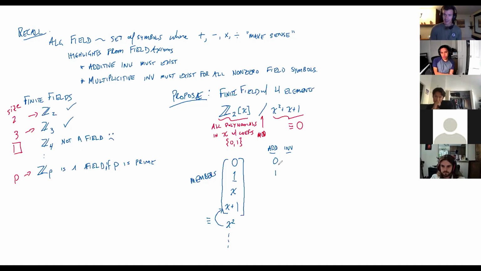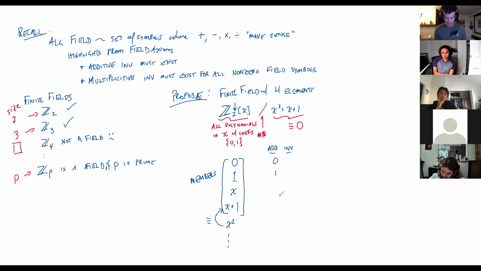If I add 1 to 1, I get 2. But remember, we're living with coefficients mod 2. And so this is the other kind of modulo you have to look out for, is that whenever your coefficients wrap above 1, they wrap back to 0. So 1 plus 1 is 2, but 2 is equivalent to 0 in this world.